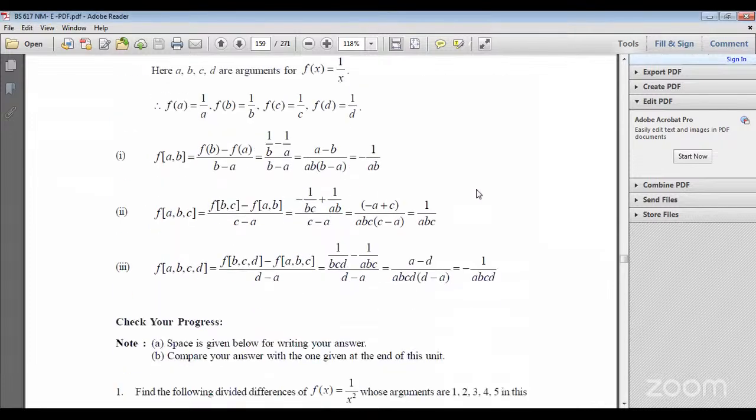f of ABC is f of BC minus f of AB by C minus A, minus 1 by BC plus 1 by AB, same again.